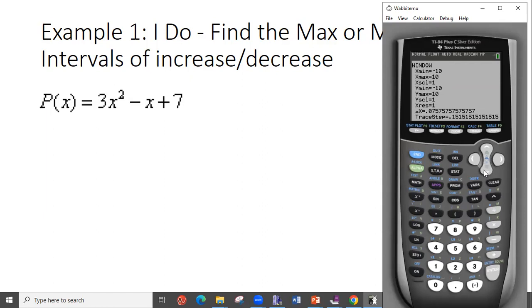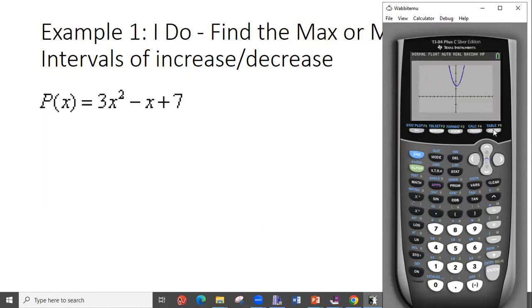So I'm going to change my y values. My y min, I'm going to leave alone, but my max, I'm going to put it like 20. It doesn't matter what you count by, but all it's going to do is bring it down so I can see more. So all I did was go to window and I changed my maximum value of y to 20, so that I can just see more graph.